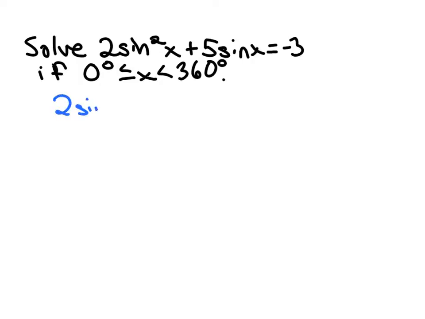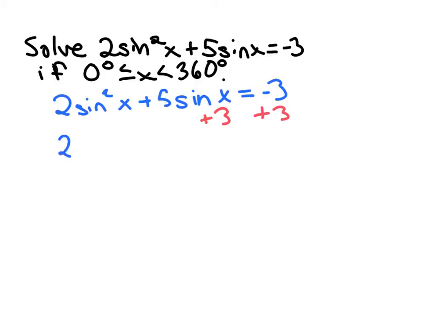So if I copy down the original equation, then the first thing that should be done is to add 3 to both sides. So you have 2 sine squared x plus 5 sine x plus 3 equals 0.